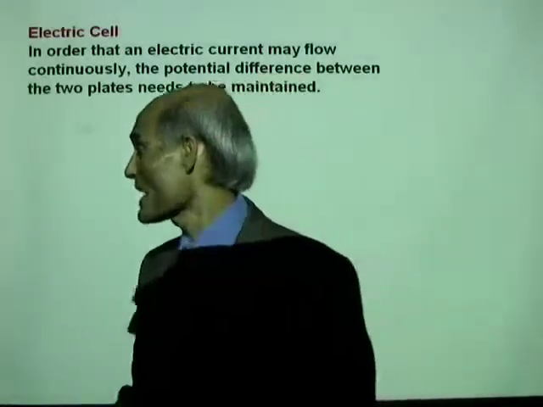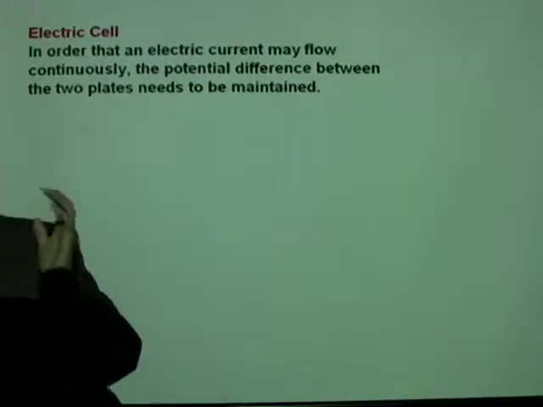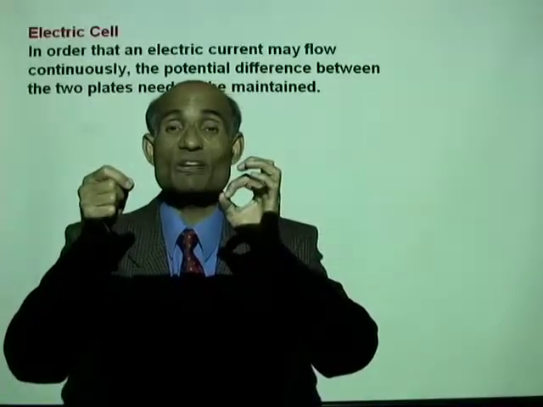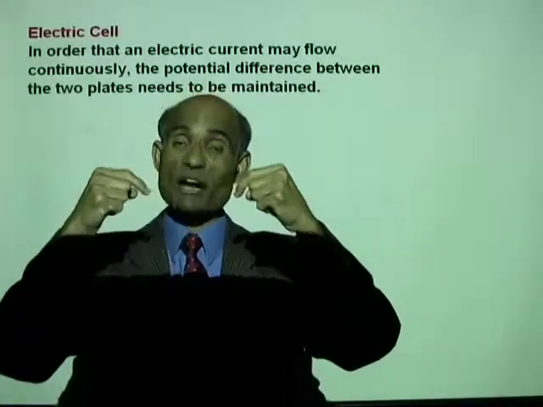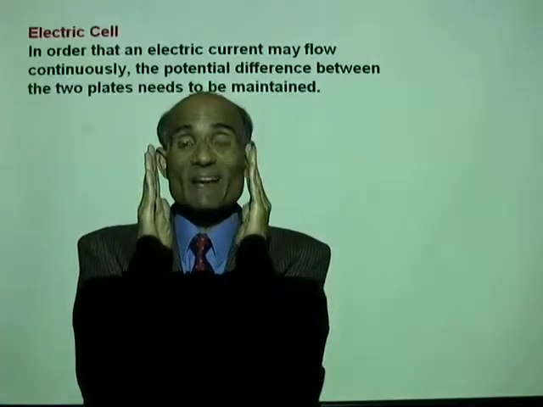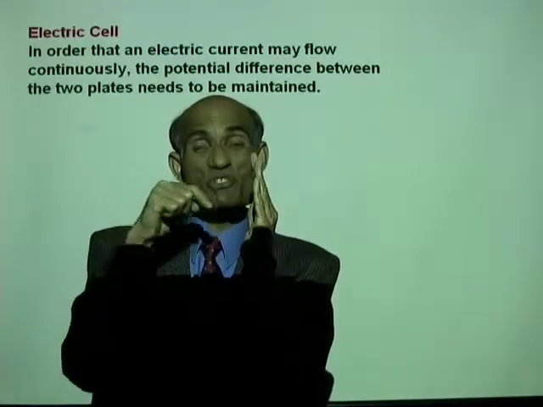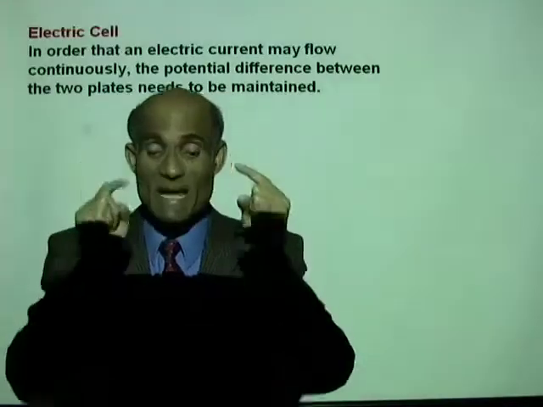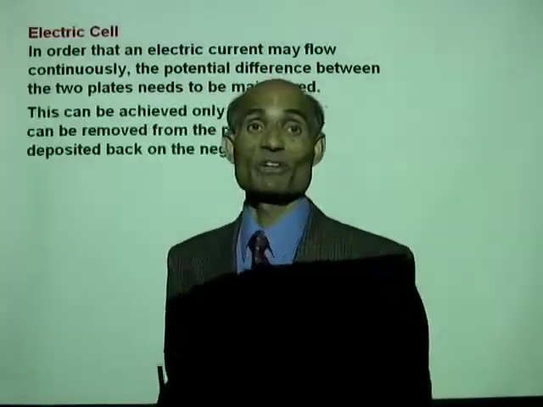And in the example I showed you, I had a sulfuric acid with copper and zinc electrode. It is the chemical action between the electrodes and the solution, the acid, that builds and maintains that potential difference.